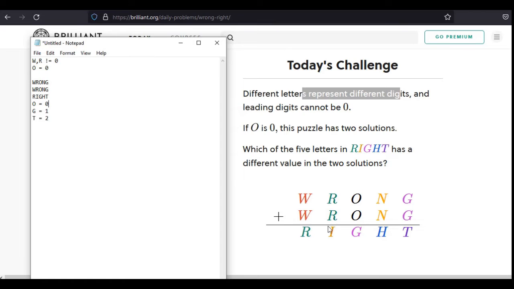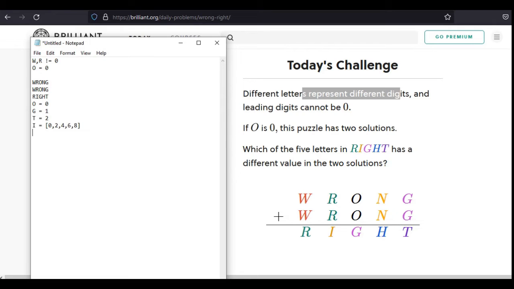If it is 1 and 1, it will be 2. If it's 2 and 2, it will be 4. If it's 3 and 3, it will be 6. So I is one of 2, 4, 6, 8 or 0. It cannot be an odd number because there is no carry from here. So I is in the set of 0, 2, 4, 6 and 8.